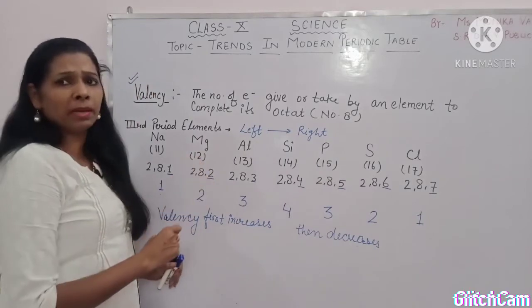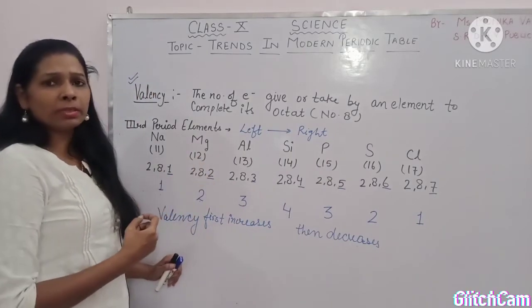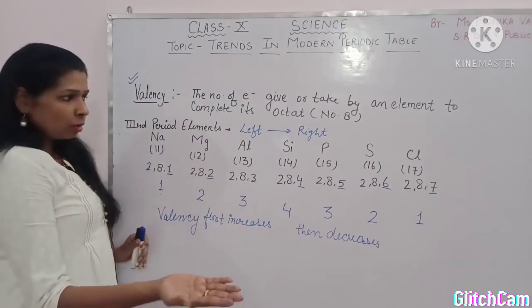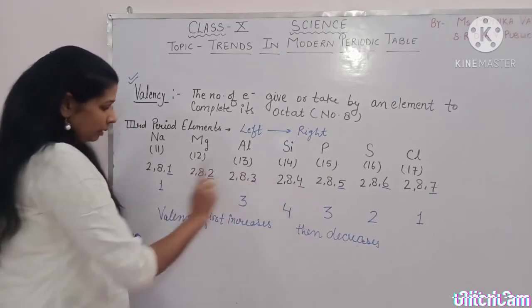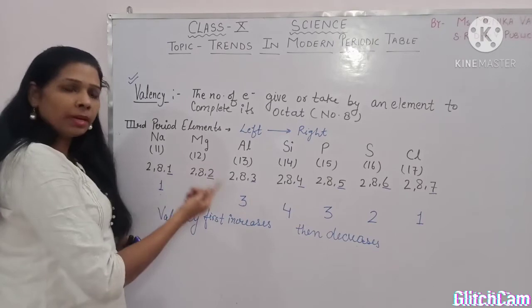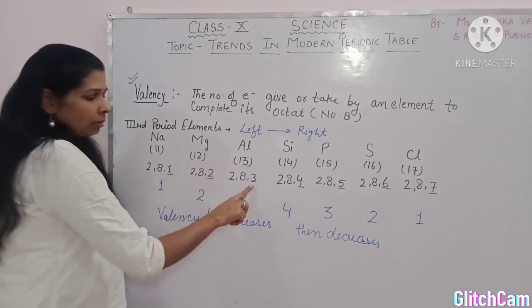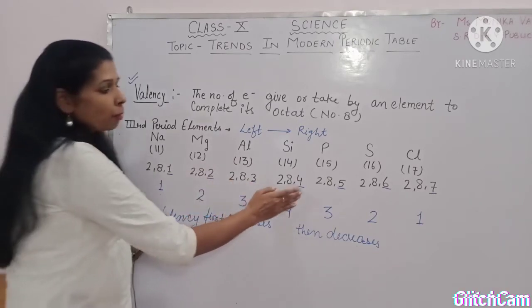Now the reason behind why it shows this kind of pattern. As I told you, valency depends on the number of valence electrons. Up to 3 it will donate, with 4 it will share.